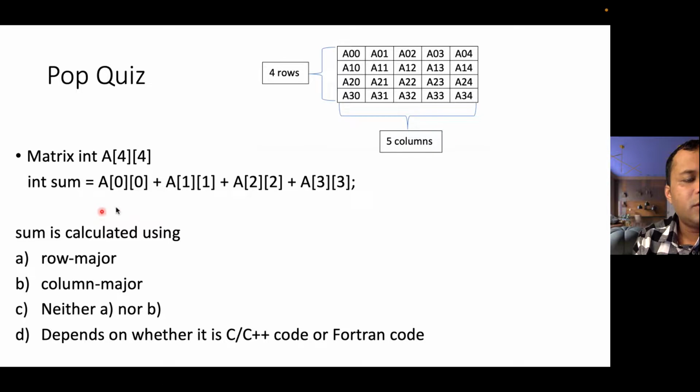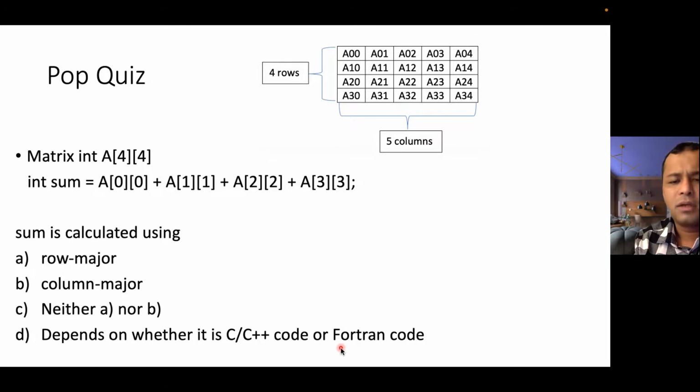All right, now let's look at the next one. A00, A11, A22, A33. So is the sum being calculated in row major order, row wise, column wise, or neither A or B, or depends on whether it's a C++ code or Fortran code? Fortran is a programming language. You might not have used it, but many people use it for scientific computing, in mathematics also.